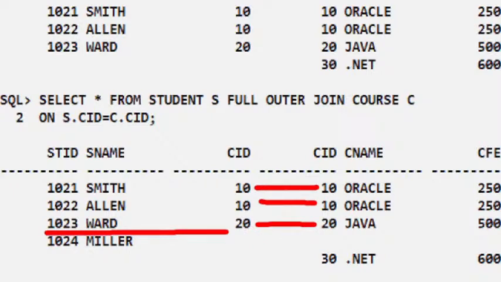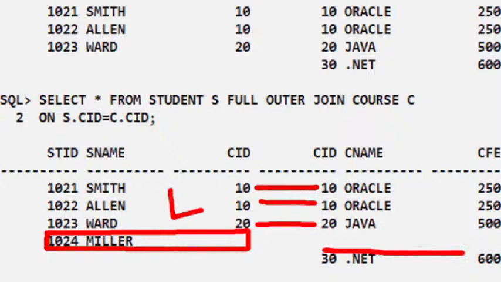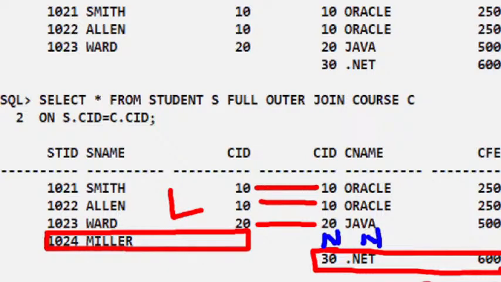And 1024 Miller is called an unmatching row from the left side table. Same as 30 dot net 6000, this is an unmatching row from the right side table. But here what happened? For the left side unmatching row, what does the right side take by default? Nulls. And for the right side unmatching row, what does the left table take by default? Nulls. So this is how I can get both the matching and unmatching rows.